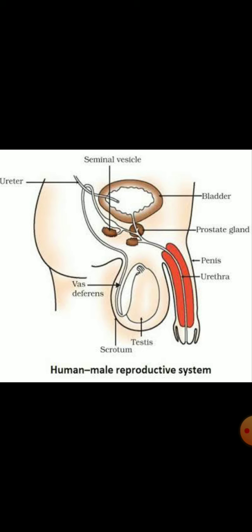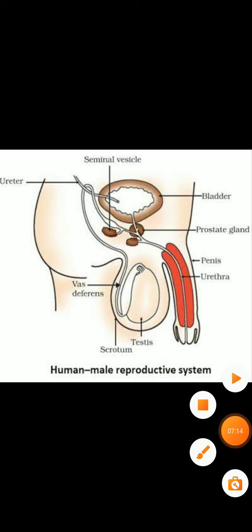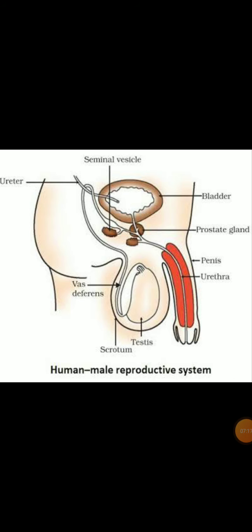It will be transferred from testes to urethra. So it will unite and it will end with urethra. So urethra forms a common passage for both the sperms and urine. So what is urethra? It is a common passage for both sperms and urine.